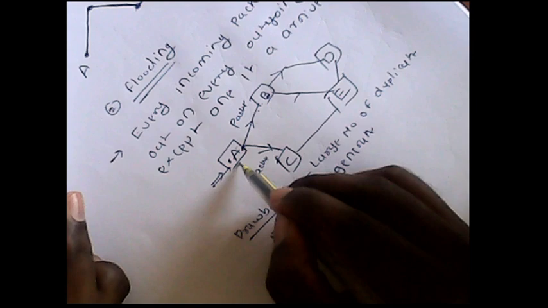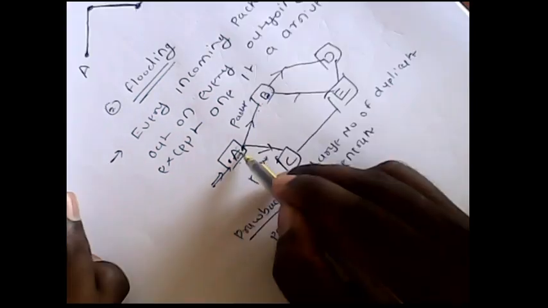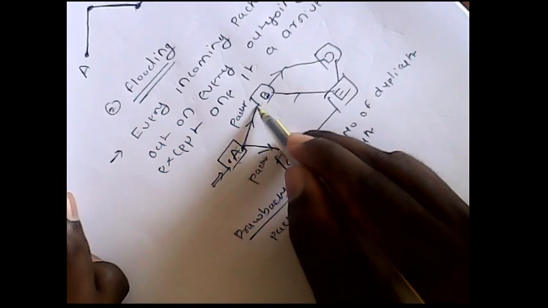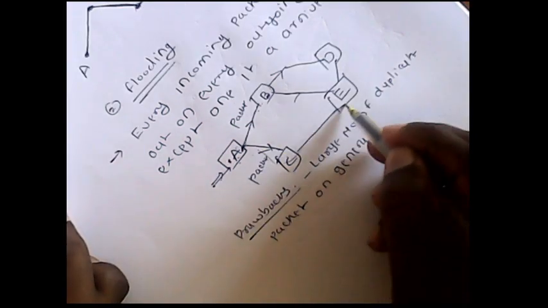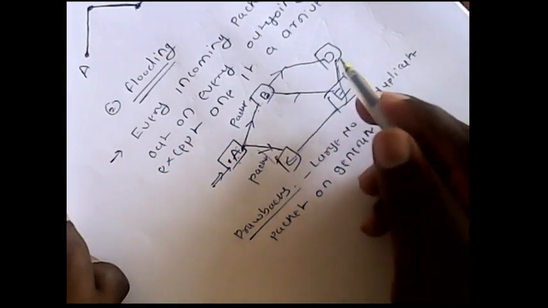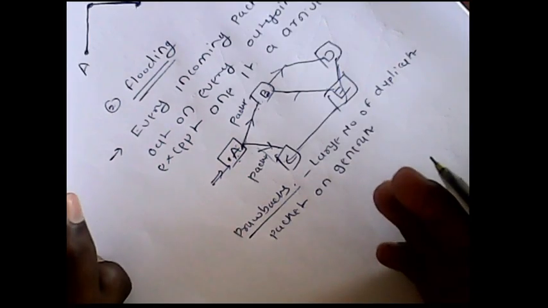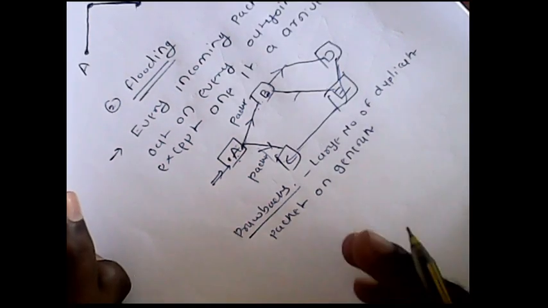Suppose I want to send a packet from A to D, there are possibilities that this packet will be sent from here, and again this packet will be received from this path or this path. So a large number of duplicate packets will be generated. So this is the drawback.